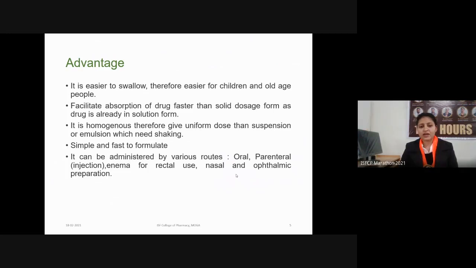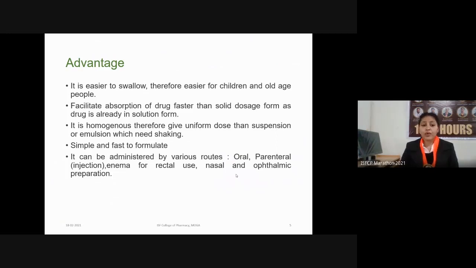This is not the case in the monophasic liquid dosage form, because in the monophasic liquid dosage form, the solute is already in a solubilized form, completely soluble in the system, so we can easily take the drug without shaking.